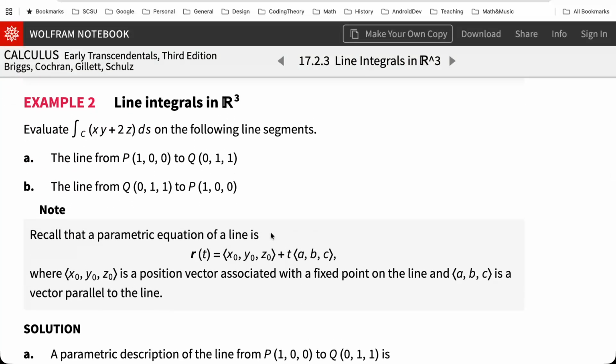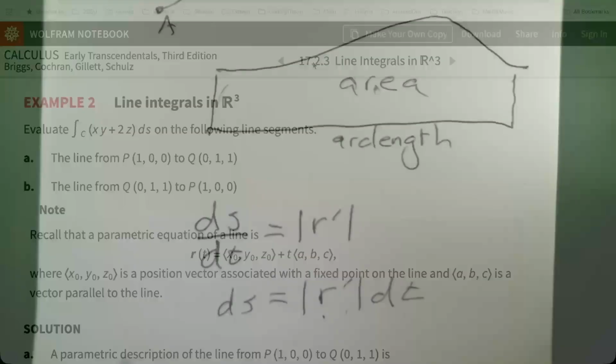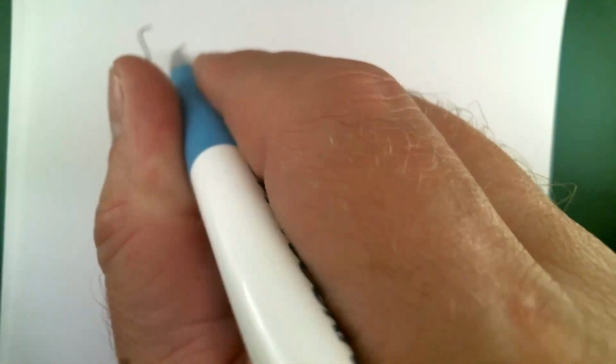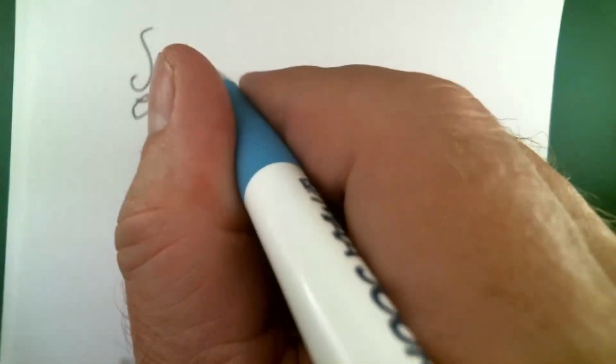Yeah, example 2 is an example that I think is worthwhile for us to go over. So I'm going to transition to where I can make drawings again. The integral that was given there was the integral along some curve C, see, I try to make my C's look fancier, of xy plus 2z with respect to arc length.